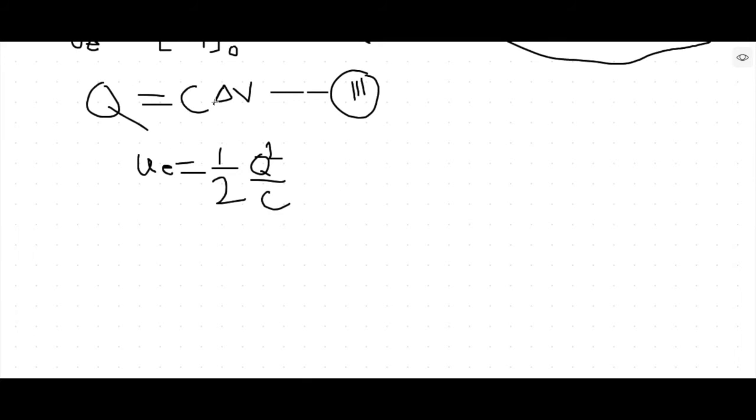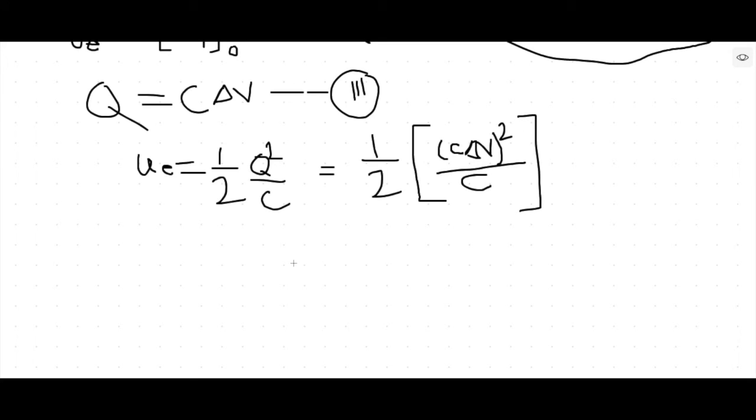Since Q is C times the change in potential, I can rewrite the same expression as 1/2, substituting for Q, C delta V squared divided by C. After this, it's just basic algebra.